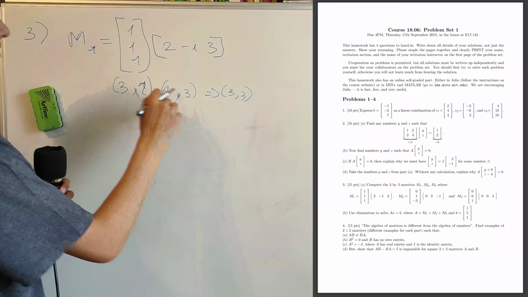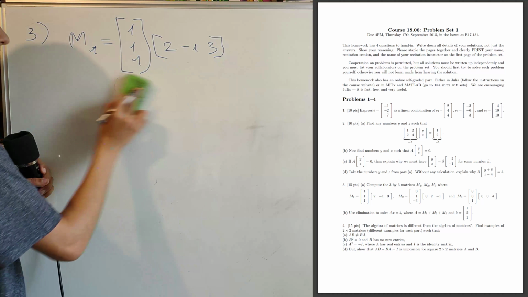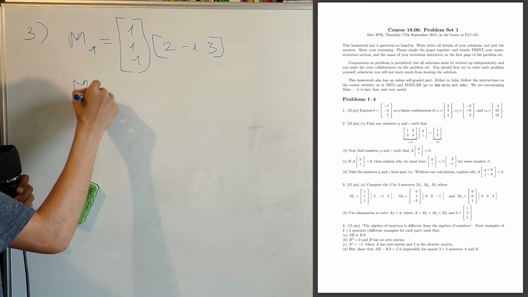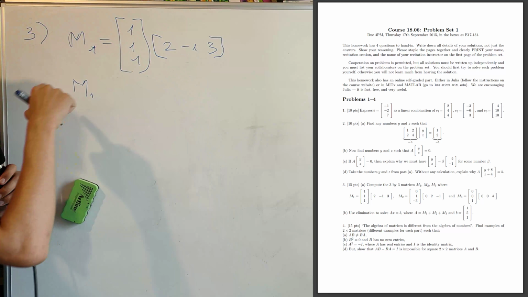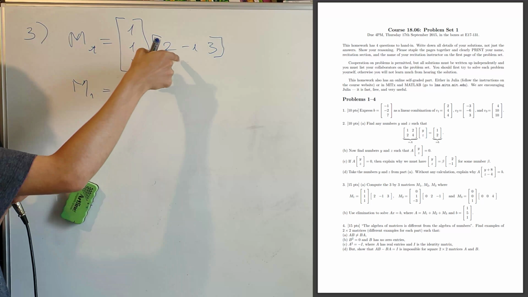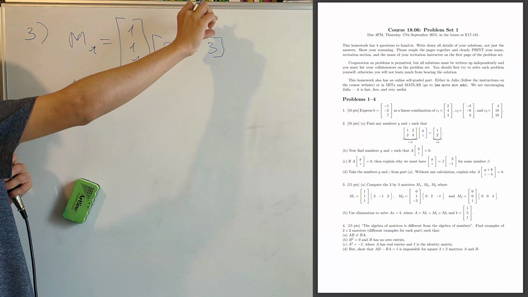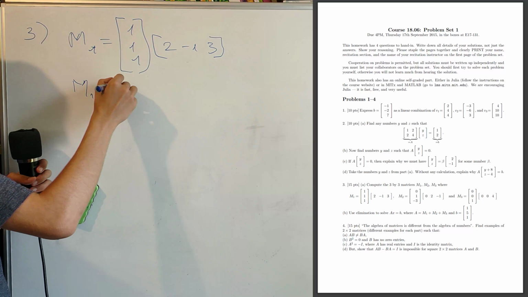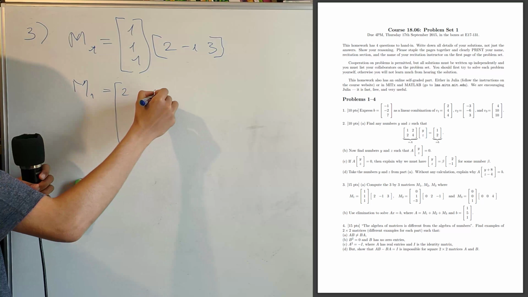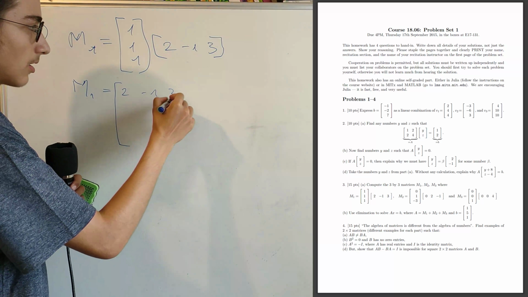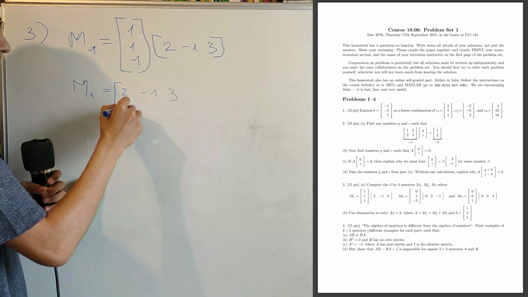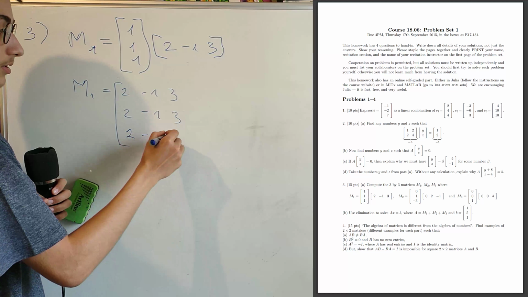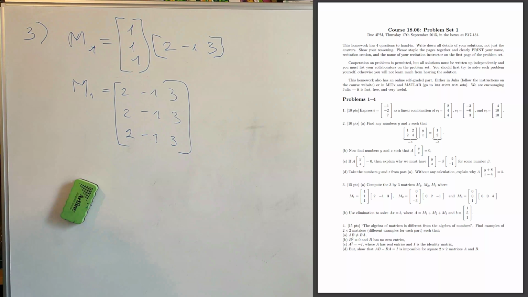In the first row, we put this thing times 1, so it will be just this thing, 2 minus 1 and 3. Then in the second row we do the same, with 2 minus 1 and 3, and the third row the same, 2 minus 1 and 3, and that's our M1.